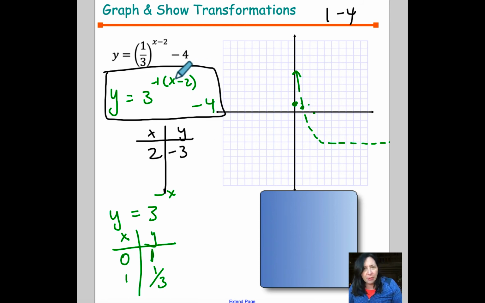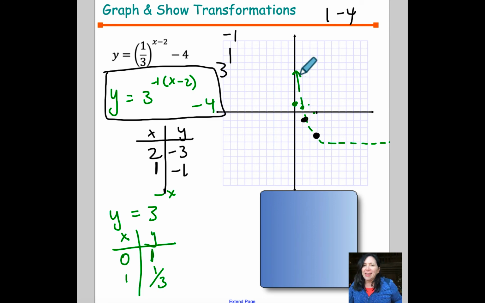I'm going to then plot, let's plot 1. So if I plot 1, 1 minus 2 is negative 1. Negative 1 times negative 1 is 1. 3 to the 1 power is 3. And then 3 minus 4 is negative 1. So it looks like I've got 1, negative 1, and then I've got 2, negative 3 so far.